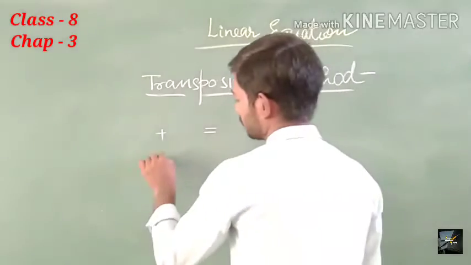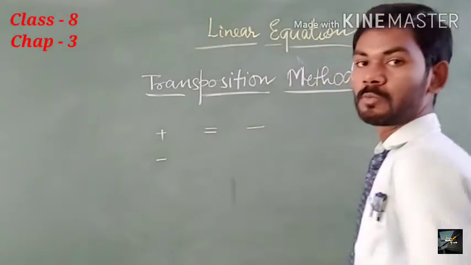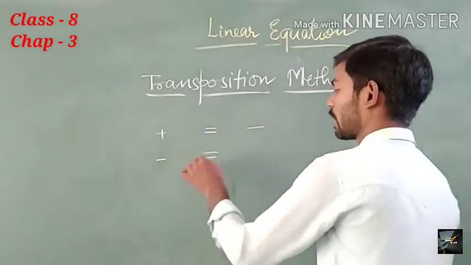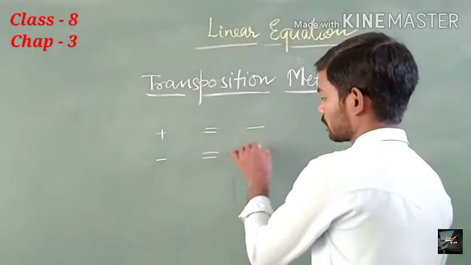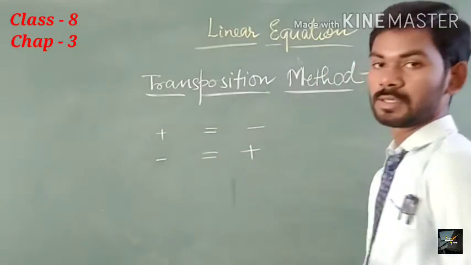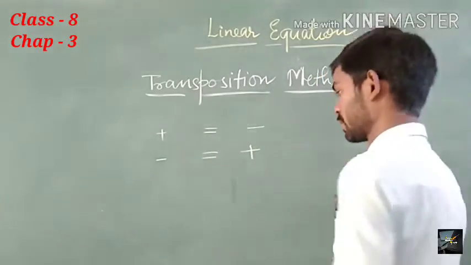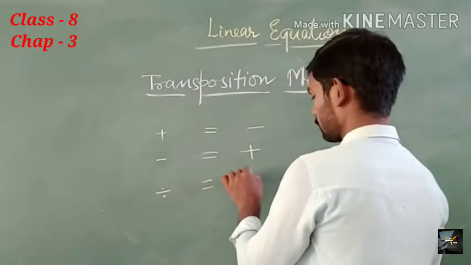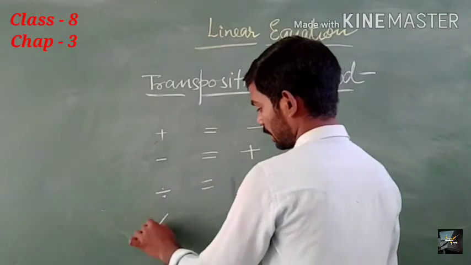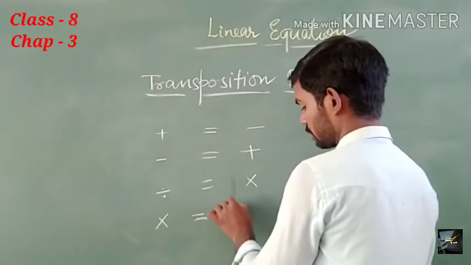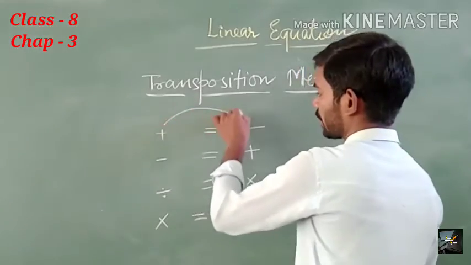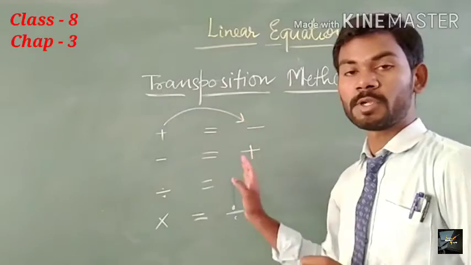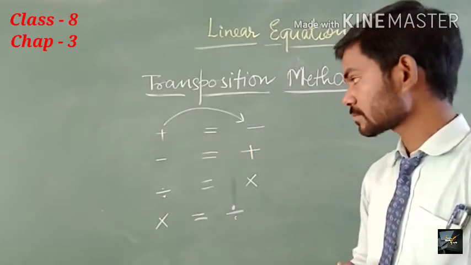Similarly, if any quantity possesses a negative sign and is transferred to the other side, it becomes a plus sign. Similarly, division is converted into multiplication and multiplication is converted to division when such a phenomenon takes place.